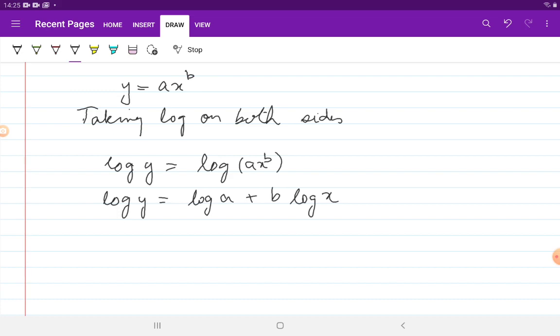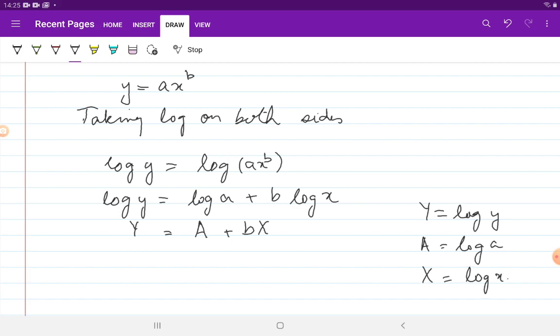So you can write this as capital Y is equal to capital A plus B times capital X, where capital Y is log small y, capital A is equal to log a, and capital X is equal to log small x.